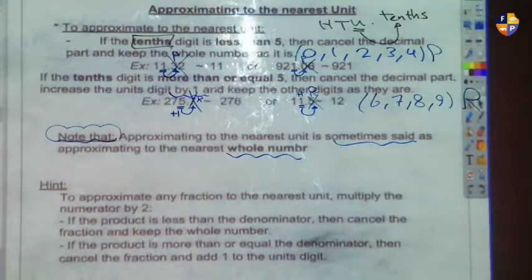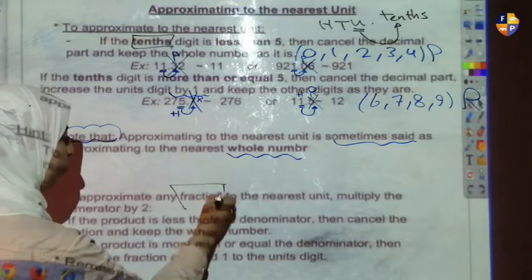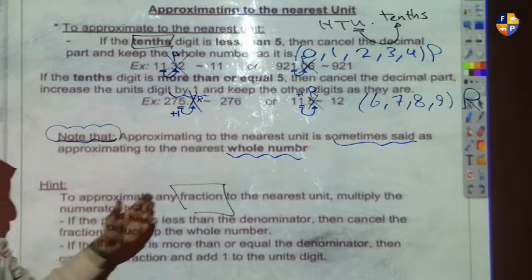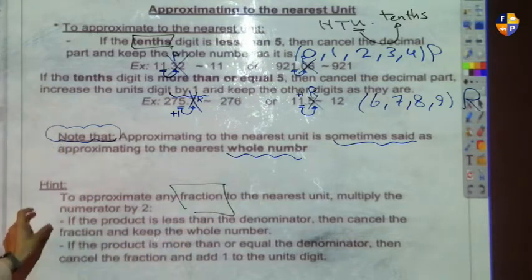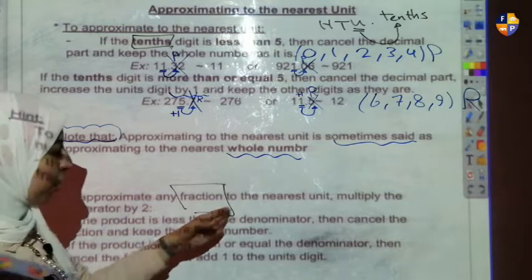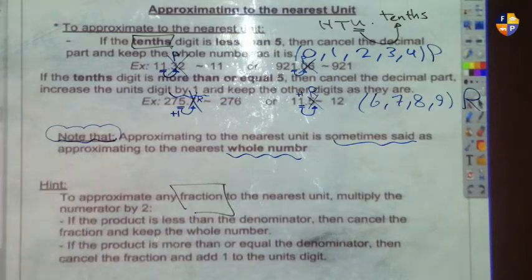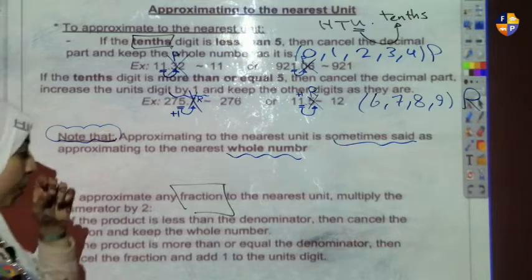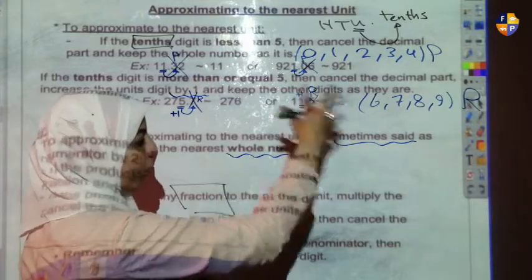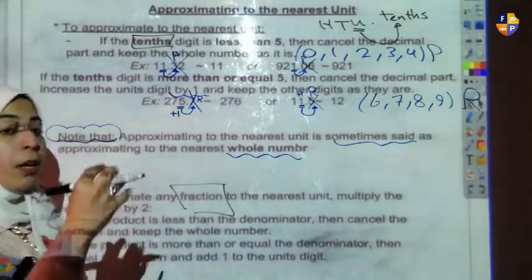To approximate any fraction, concentrate with me. To approximate any fraction to the nearest unit, multiply the numerator by 2. Then, if the product is less than the denominator, cancel the fraction and keep the whole number as it is. So I will multiply the numerator by 2, then compare it with the denominator.